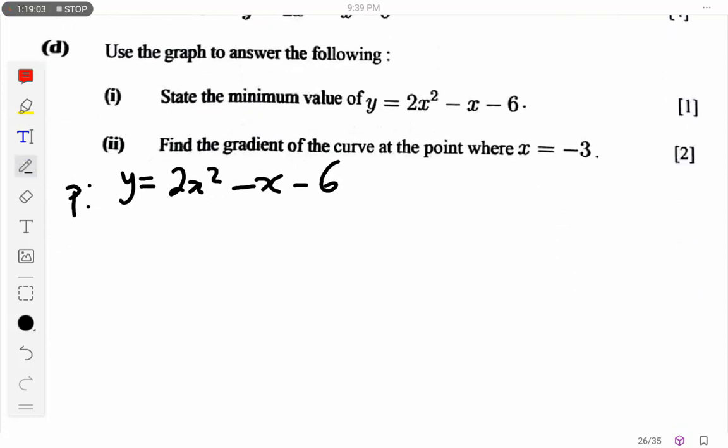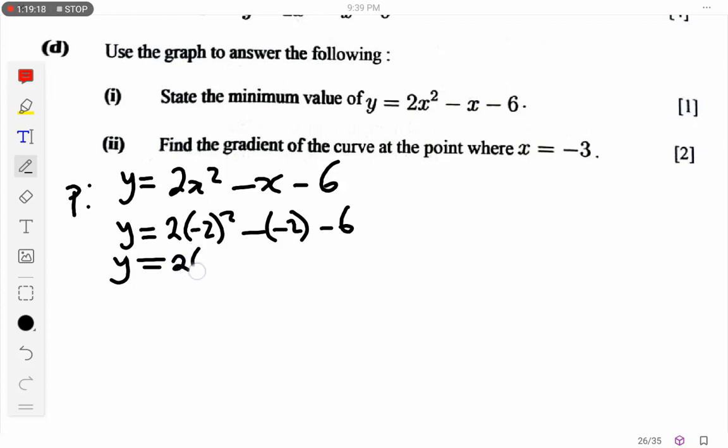So we are going to have y equals 2 times minus 2 squared, minus minus 2, then minus 6. So 2 times minus 2 squared, that's 4, so this is going to be 2 times 4, and minus minus 2 is a plus 2.